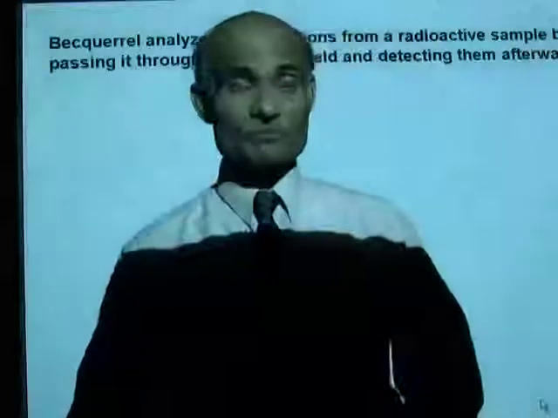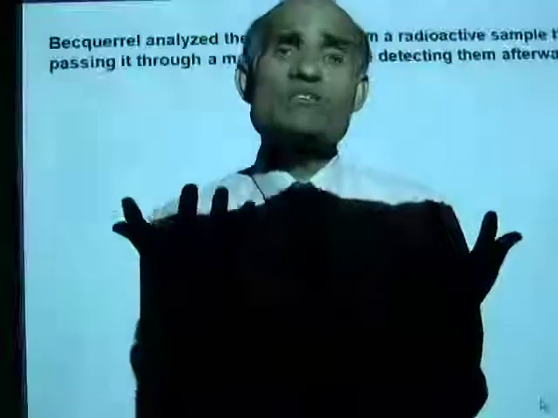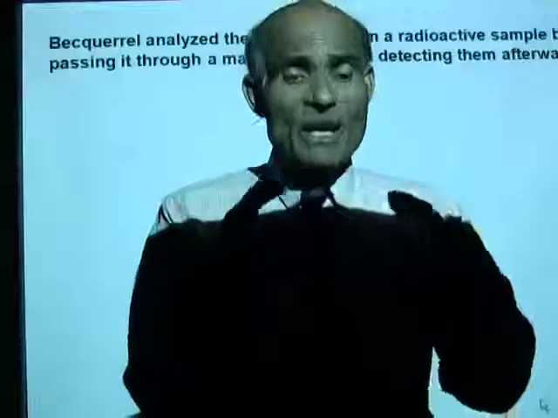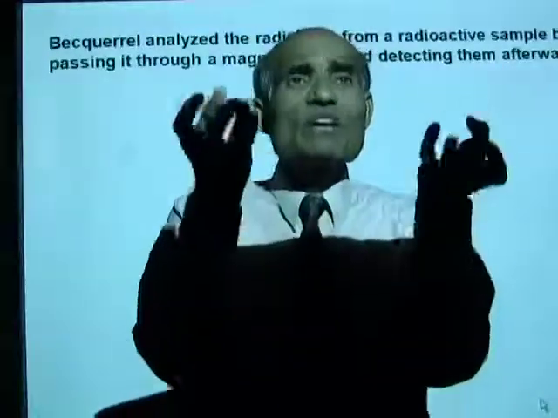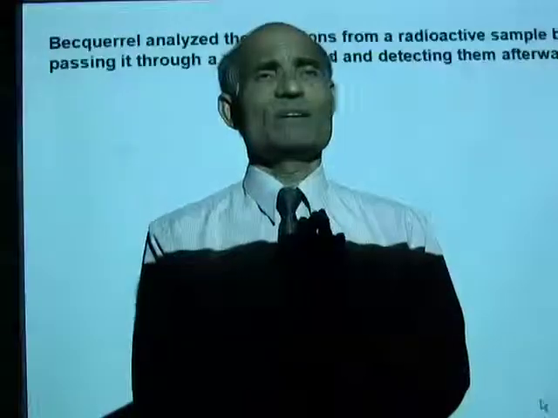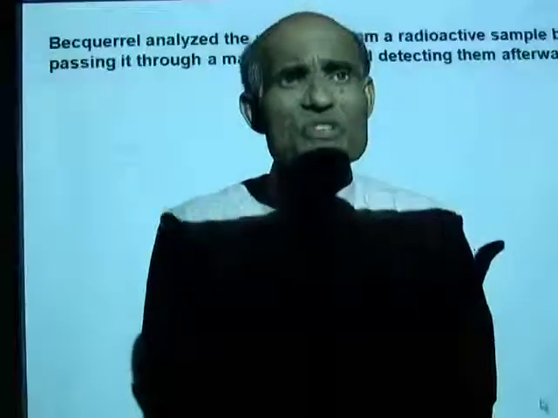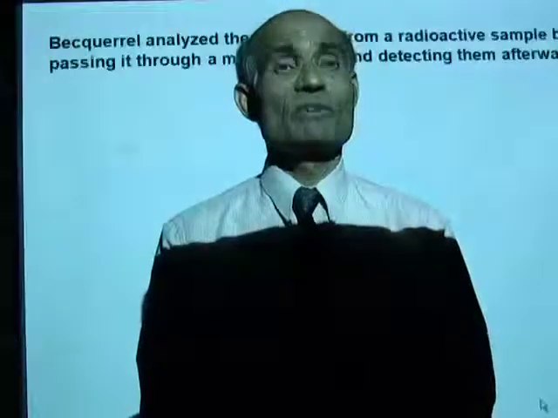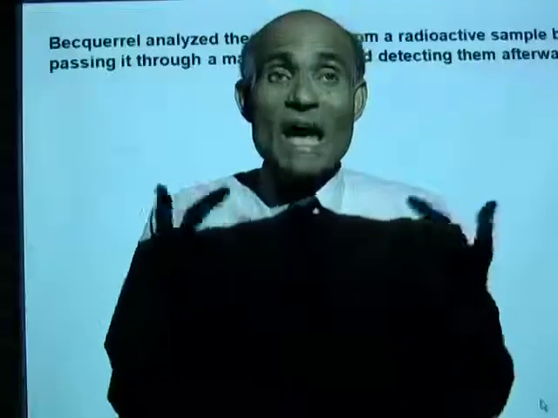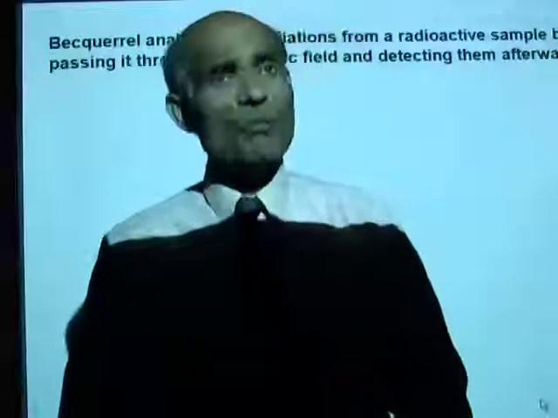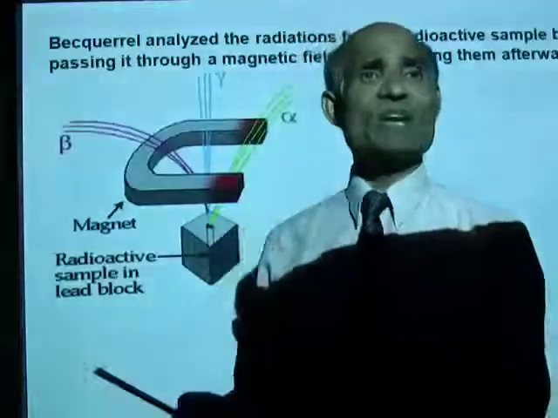Now, once you have made a discovery like this, that a material emits radiation spontaneously, obviously the question you ask is, what are these radiations made of? So Becquerel analyzed these radiations. Now, what do you do to analyze such a radiation?